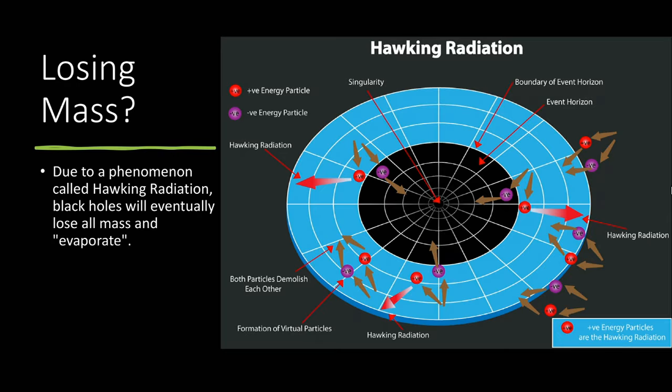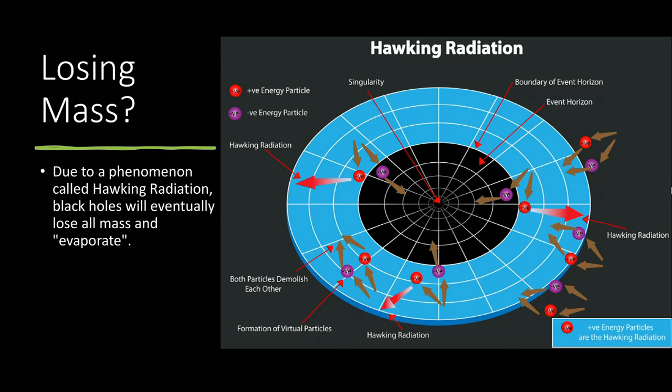There's some complicated physics for why the negative energy particles are more likely to fall into the black hole than the positive energy particles. But all we need to know is the negative energy particles are the ones that are more likely to fall in. And so when you combine a negative and a positive energy particle, you're going to lose mass, basically.